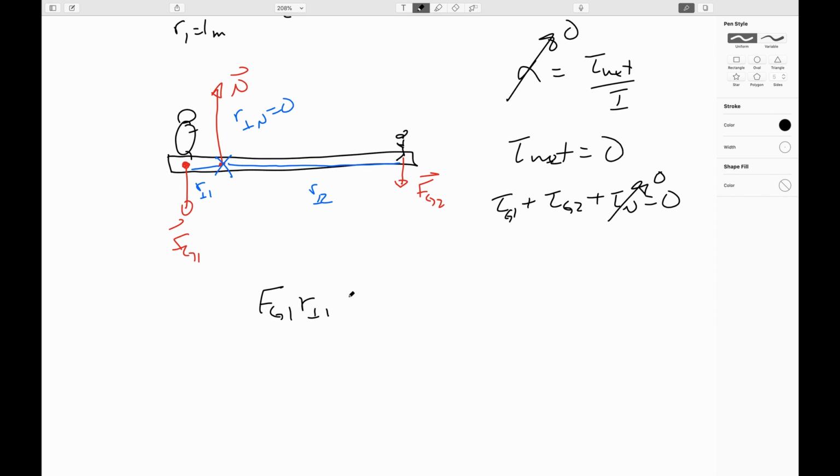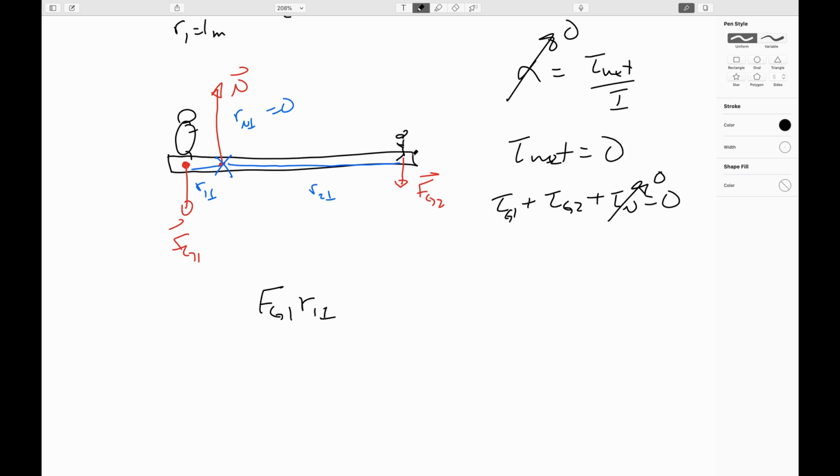I guess I should actually say R1 perpendicular. I'll fix that right here as well. So R1 perp, R2 perp. There we go. And that's it for counterclockwise torques.